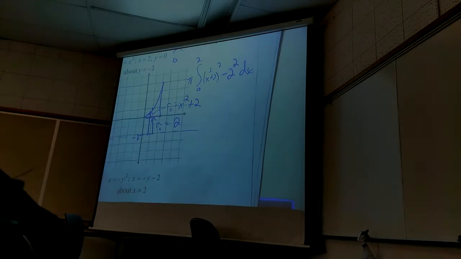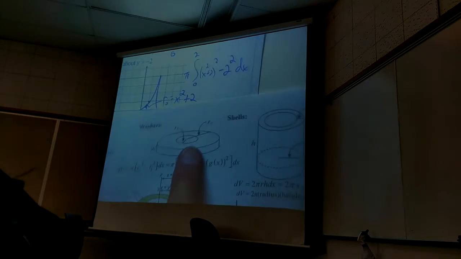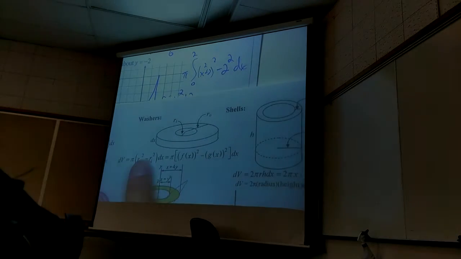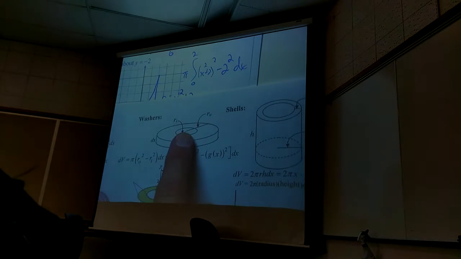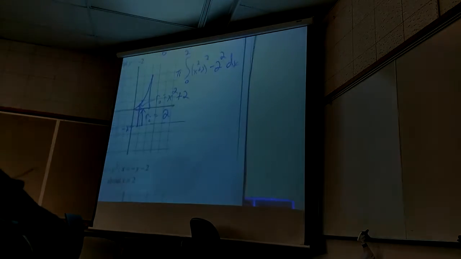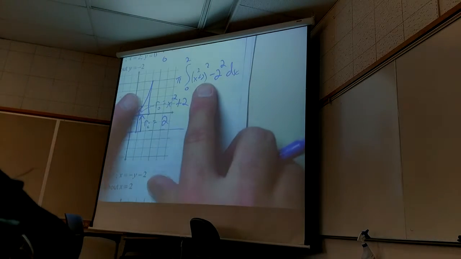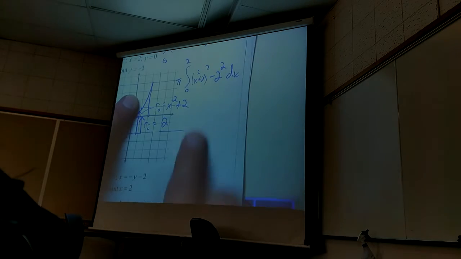So if you take a real quick peek on the other side, this is a washer. That's what it looks like. Pi outer radius squared minus inner radius squared. So you get that empty middle piece. And now that you've got the integral set up, it's a beautiful polynomial, easy to do. Go ahead and finish that out.